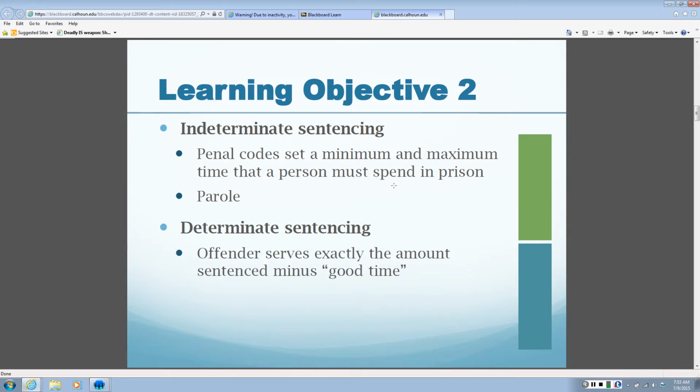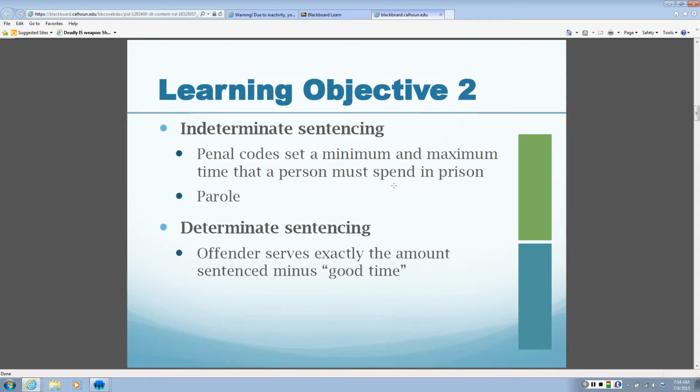Indeterminate sentencing, the penal code sets a minimum and a maximum time that a person must spend in prison. You can be paroled at some time during that range, say that 2 to 10 year sentence. With determinate sentencing, typically the offender will serve exactly the amount of sentence time minus whatever good time they get.